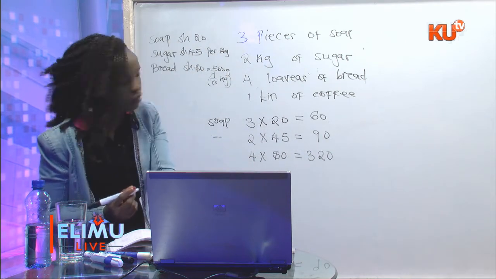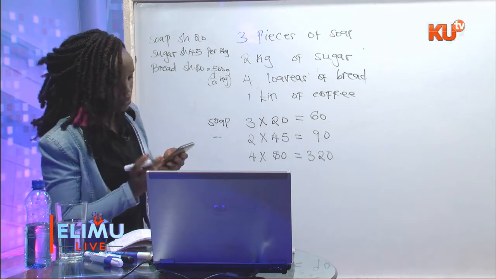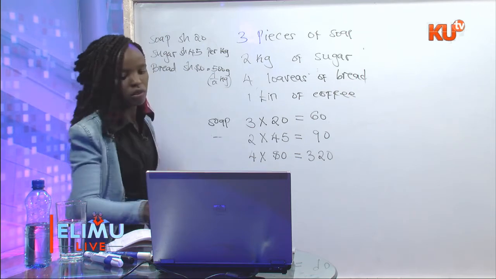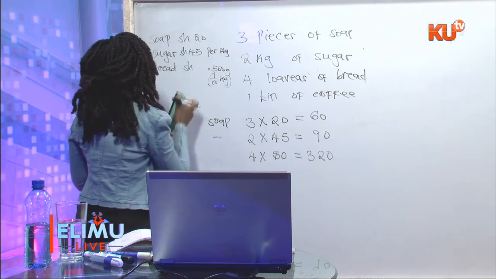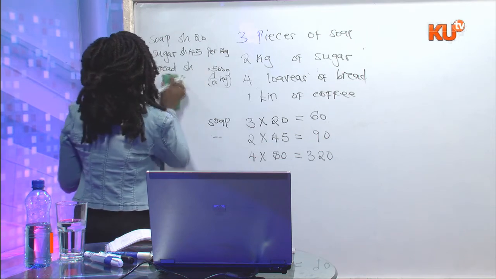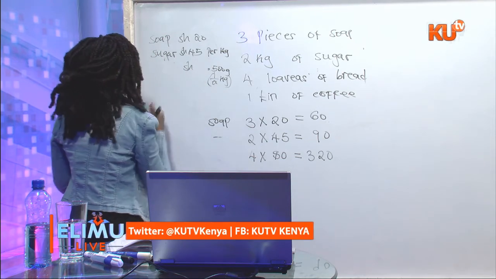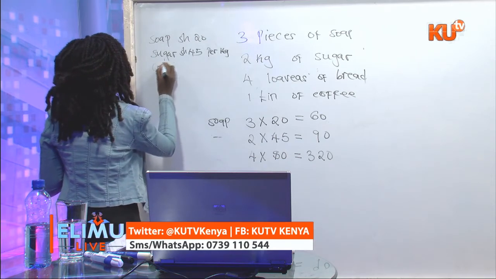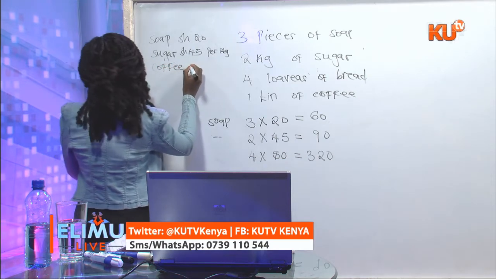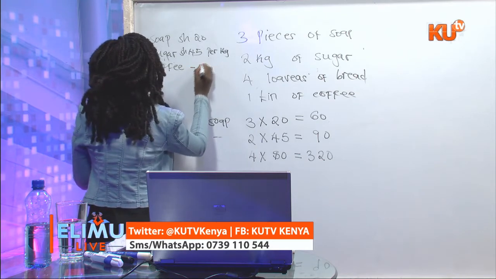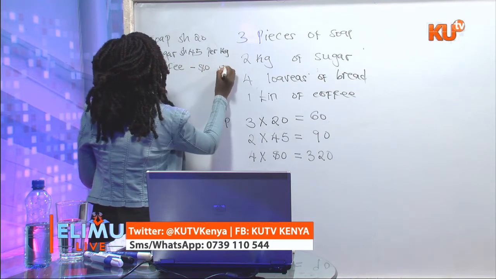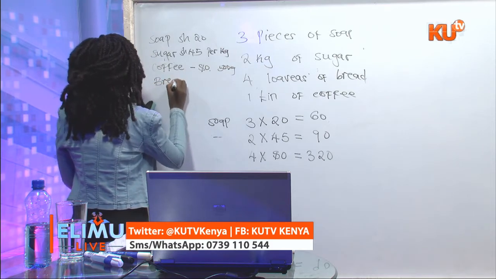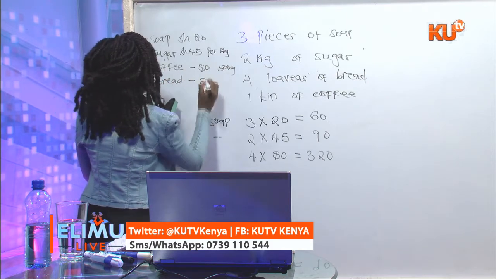And then let me see the cost of the coffee. Sorry. Bread costed 20 shillings. This was coffee. Let's correct here. So coffee was 80 shillings per 500 grams. Sorry for that. And then we had bread, which costed 20 shillings per loaf.